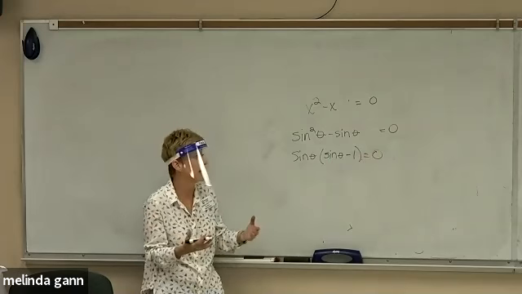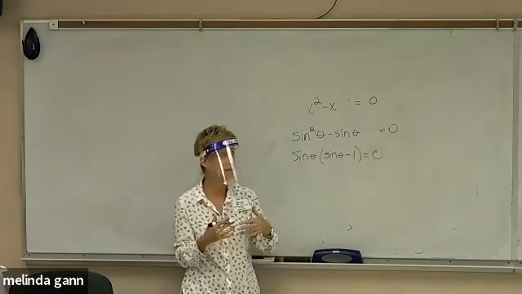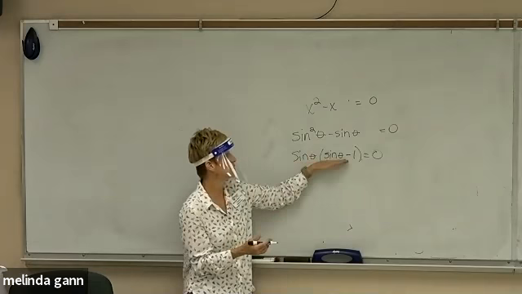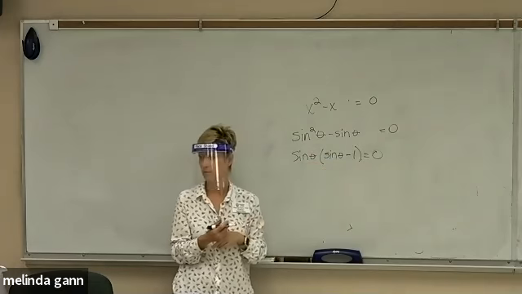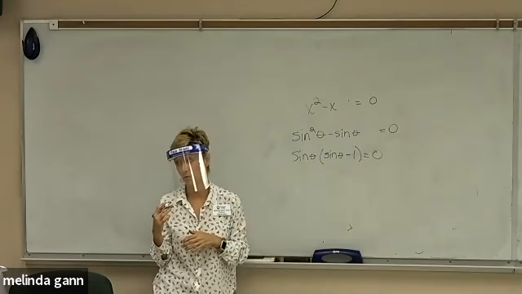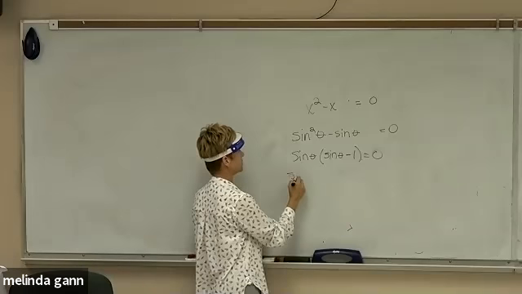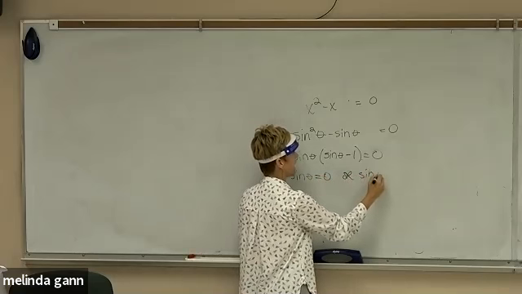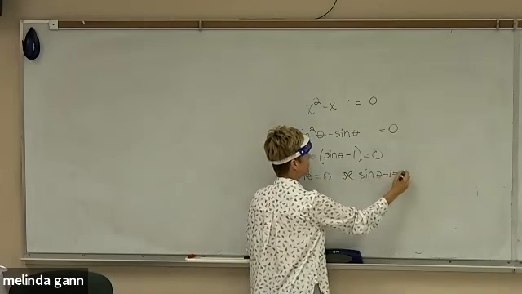Now, luckily, this is a quadratic equation. That's quicker than inequalities. So that says you multiply two numbers together and the answer is 0. So what do you know? You told me a second ago. One of them is 0. So either sine of theta is 0 or sine of theta minus 1 is what? 0.